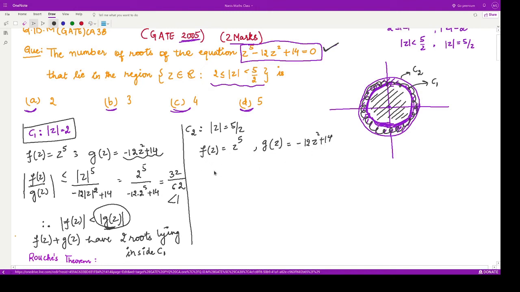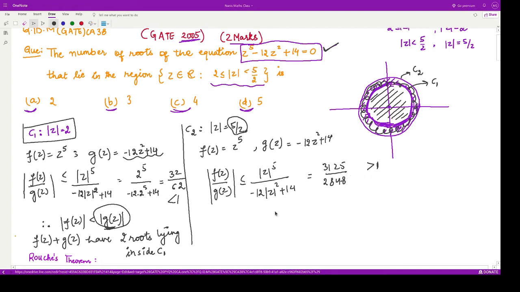So when you calculate the modulus of f of z divided by g of z and substitute their values, when you solve this you would have 3125 divided by 2848. How did you get this? When you substitute mod z is equal to 5 by 2 in this particular expression. Now this quantity is obviously greater than 1.